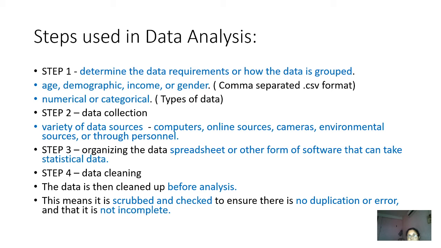If we have a large number of missing values in a particular field, it will be a wise decision to remove that field, or we can fill those missing values with some substituting values. So, in the data cleaning step, the data is scrubbed and checked to ensure that there is no duplication or error, and we have to make sure that the data is not incomplete. So, these are the 4 steps of data analysis.